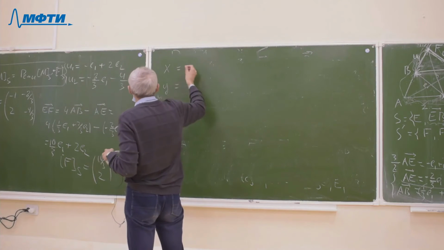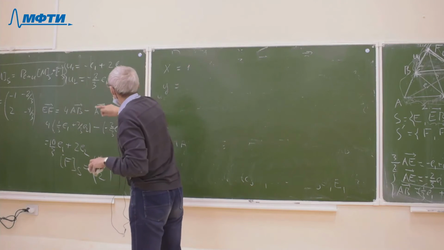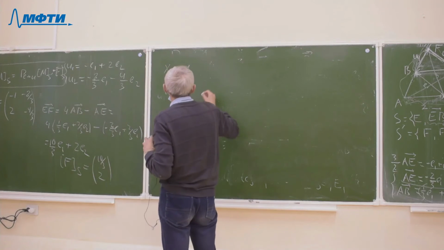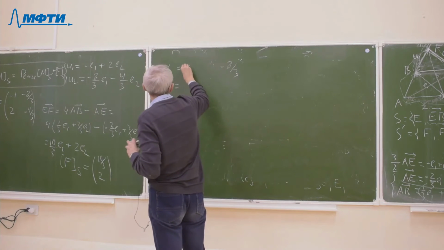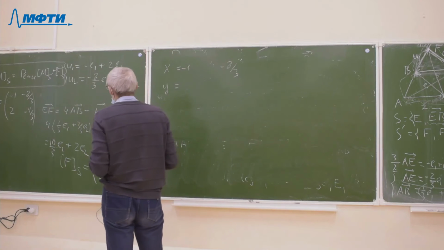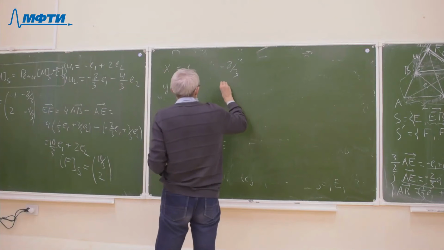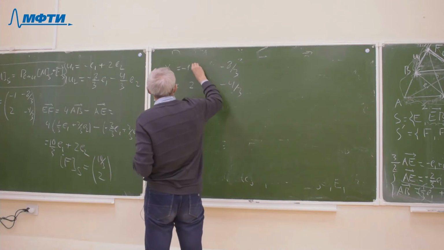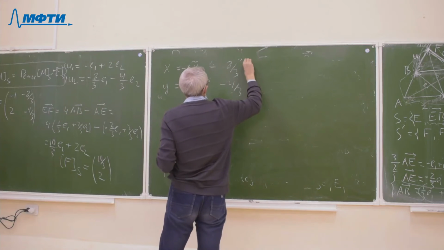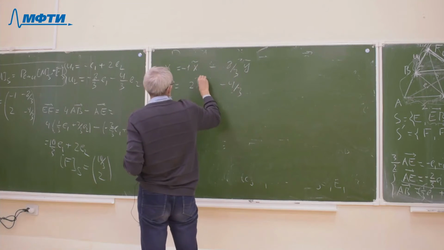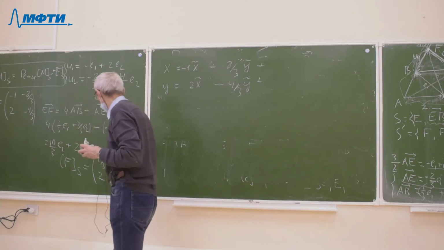We transpose these coefficients: minus 1, minus the ratio 8/3, and 2, minus the ratio 4/3, times x tilde, y tilde, plus this coordinate vector.